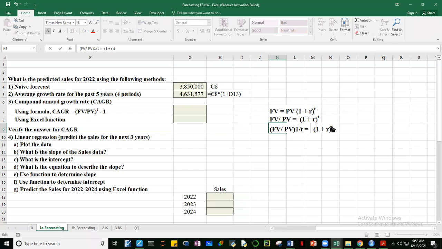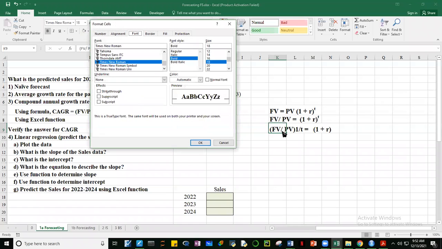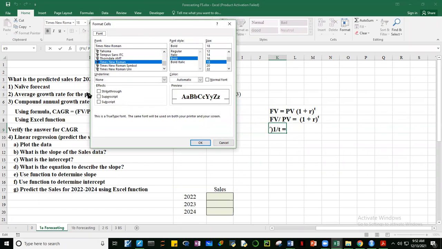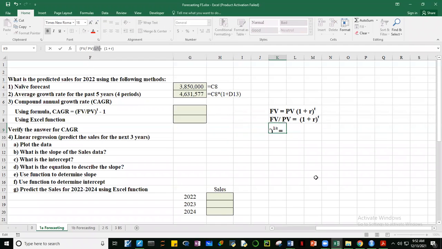If we raise this by 1 over t, our exponent will cancel out, right? Let me put it in superscript. Isn't it like that, guys? The t is gone here, because we raised it to 1 over t.